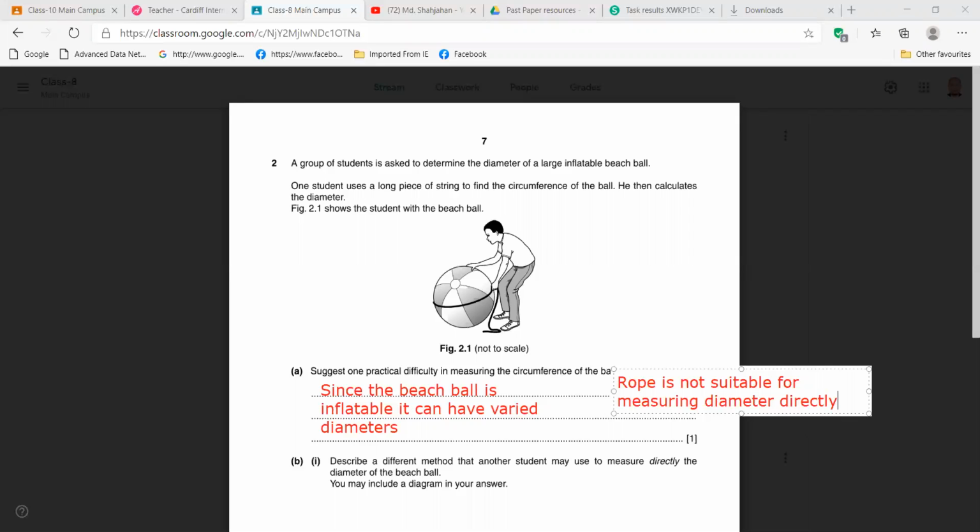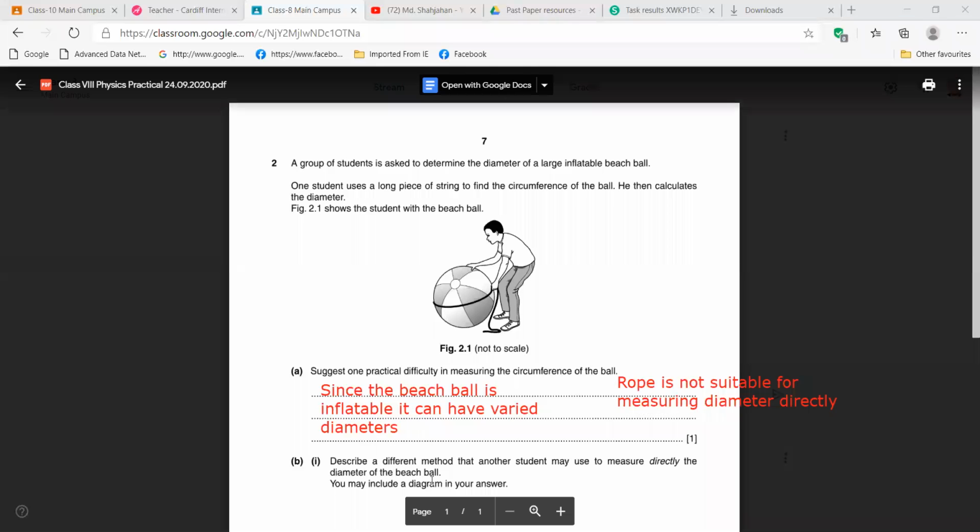I used one term, that is ruler. A ruler can also be used to measure the diameter.